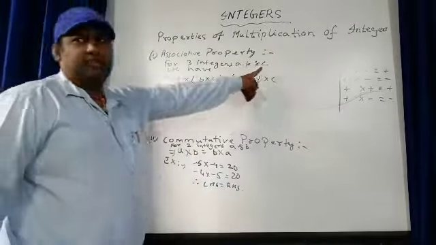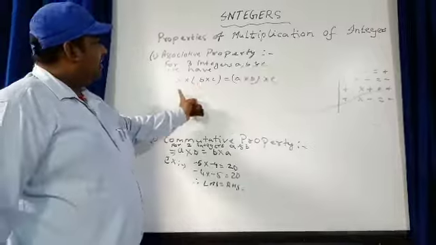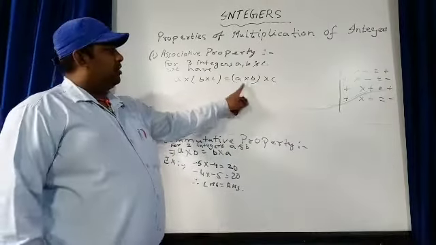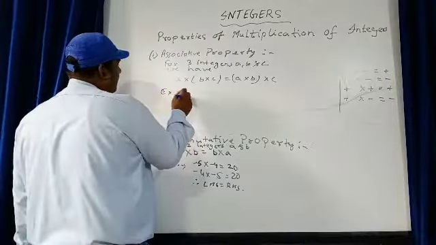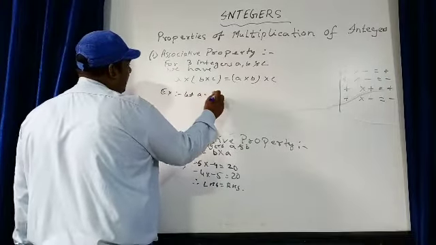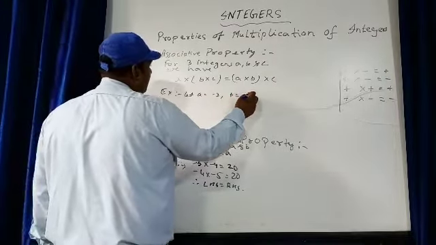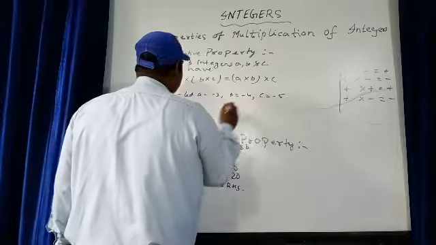Means for three integers a, b and c, we have (a × b) × c equal to a × (b × c). Example: you can take a equal to minus 3, b equal to minus 4, c equal to minus 5.